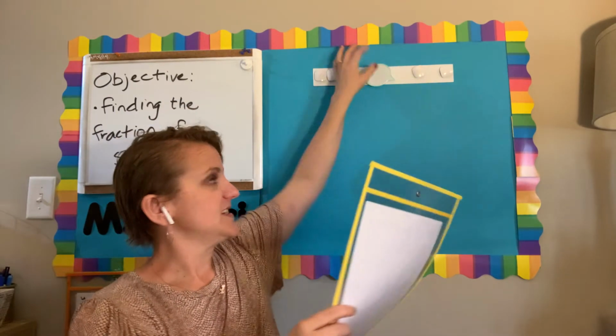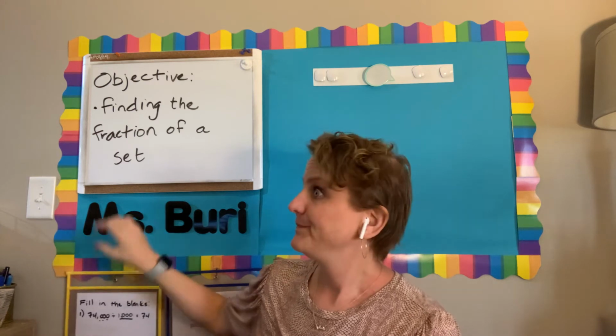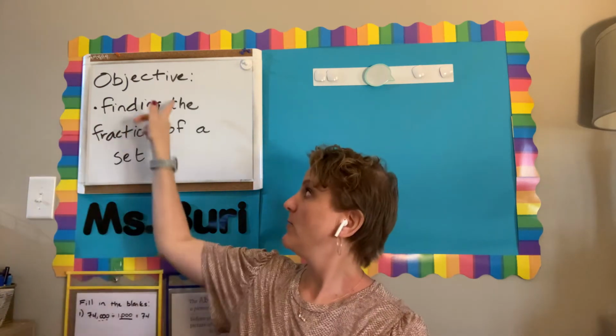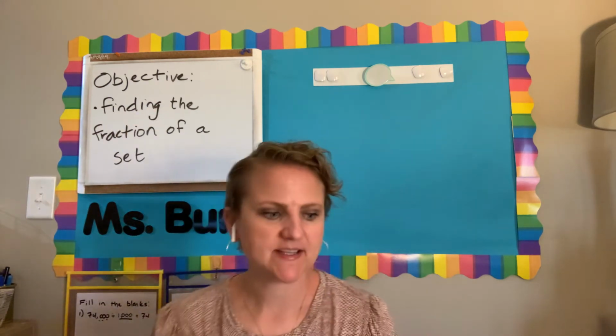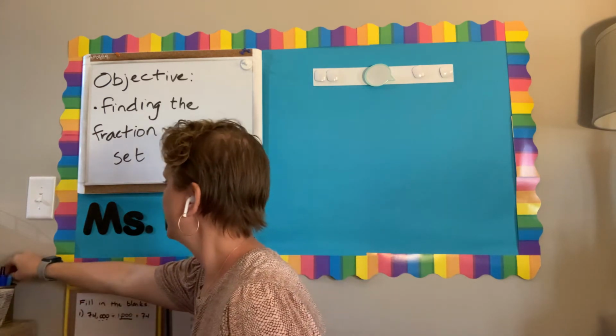Our objective for today is going to continue to build off of some of the skills that we worked on Monday and Tuesday. We're going to be finding the fraction of a set, okay? The steps are going to be very similar.